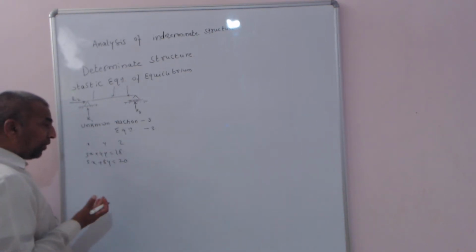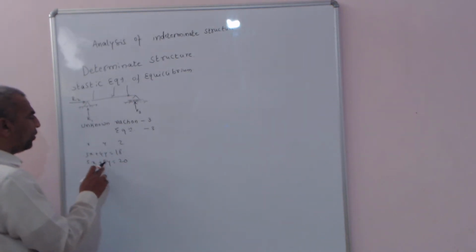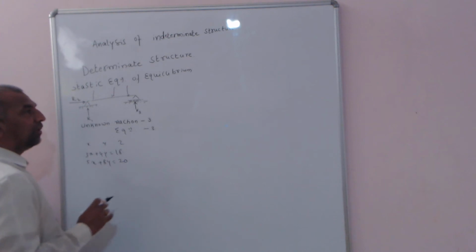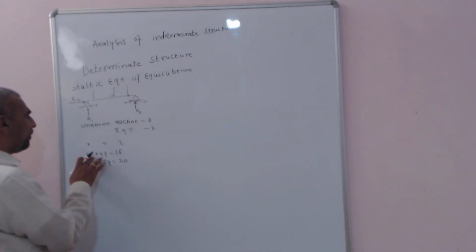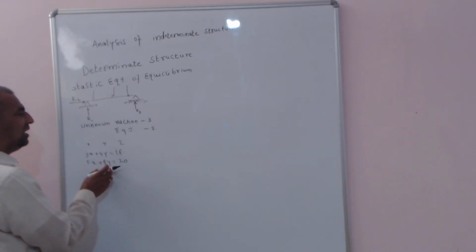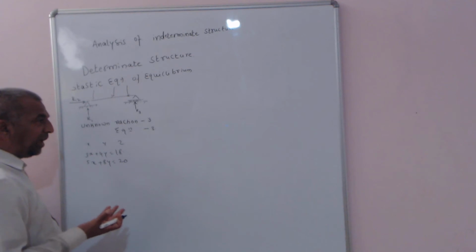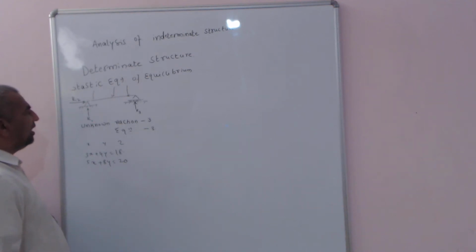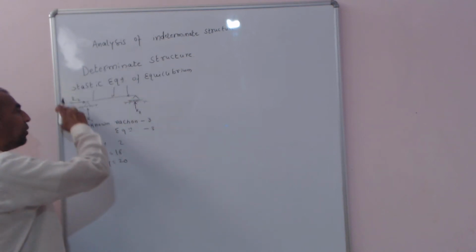If the number of unknowns is less and the number of equations is more, then also we can get the unknowns. But if the number of unknowns is more and equations are less, we cannot determine the unknowns. Cannot determine, that is nothing but the indeterminate. In case of the structure, what you first want to calculate?